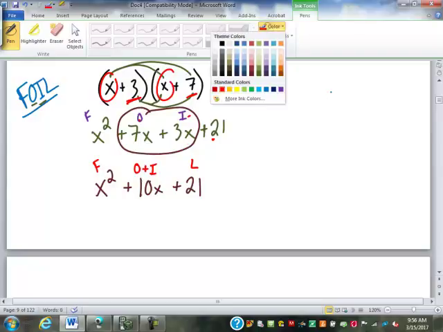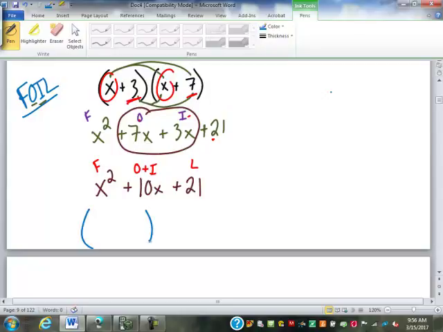So I can reverse this process. If I needed to factor that, one of the things I can use is something called FOIL in reverse, or sometimes just referred to as reverse multiplication. I know that these first two digits here have to multiply to make x squared.